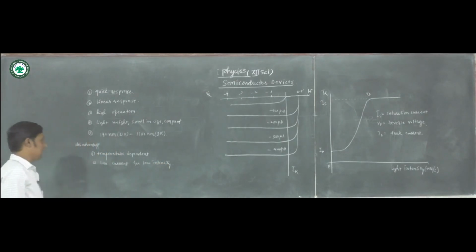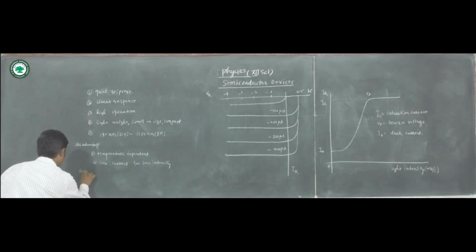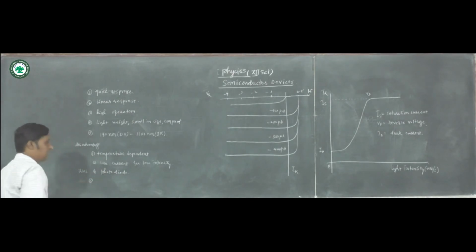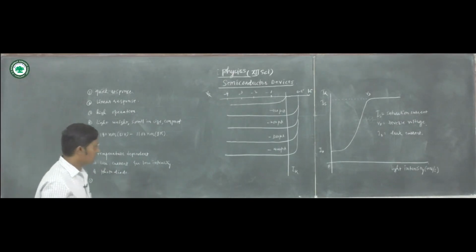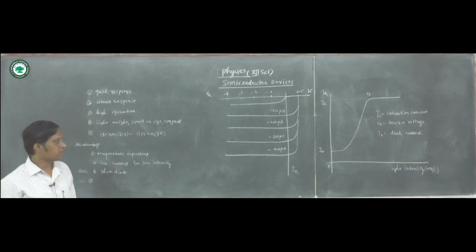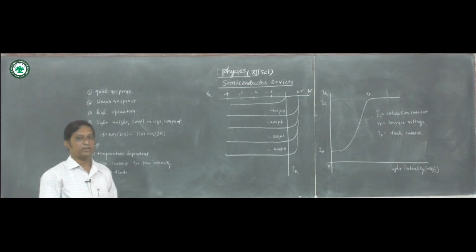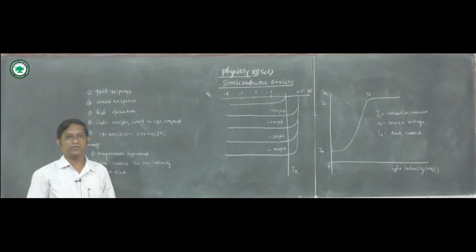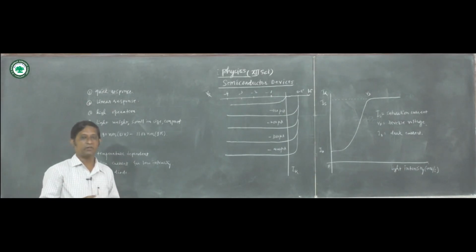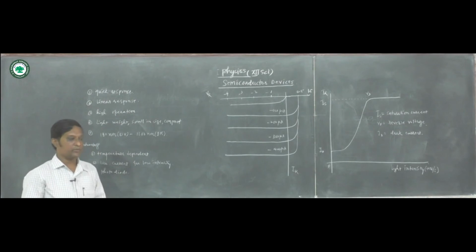And the uses of this photodiode: it is used in switching devices. In a controller, it is used as a sensor. Again, this photodiode is used where high speed switching is required, in burglar alarms.